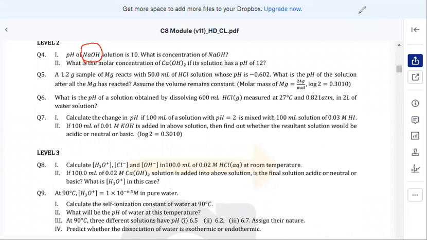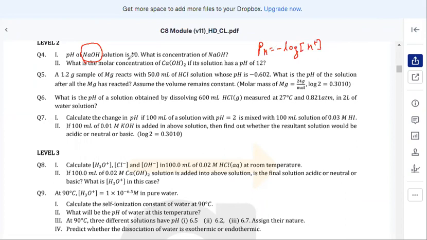Strong electrolyte, very good. So should we use the concept of equilibrium and alpha and all those things? No, right? That's the first question you should ask. So we just have to use this: pH is equal to minus log concentration of H plus. As simple as that.